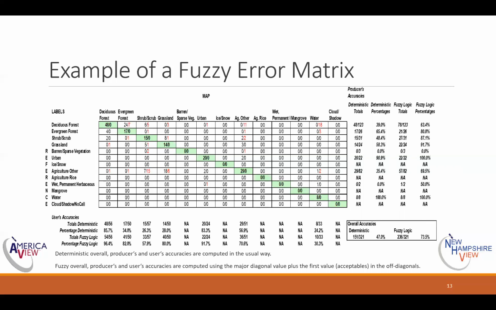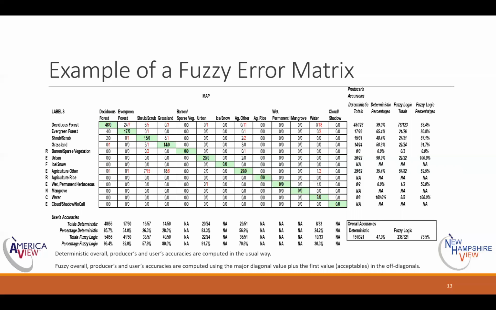accuracy, you count not just the major diagonal, but the values in the first set of the off diagonals. Okay, so you would take the value in the major diagonal and you would add the values in the first part of the off diagonal, the acceptables, okay, and add those all together and then divide by the total and get a new fuzzy overall accuracy.